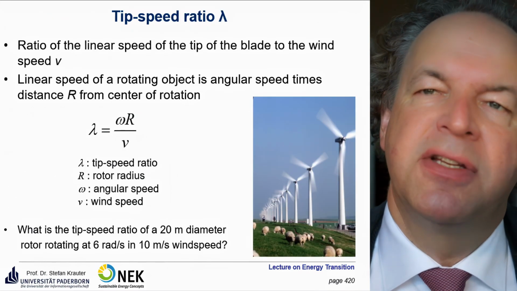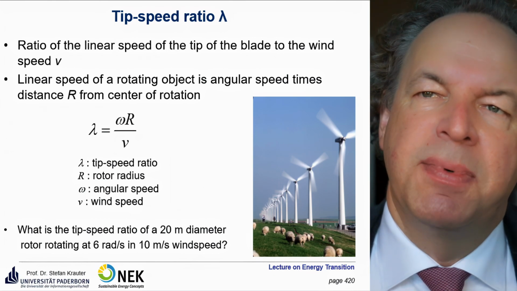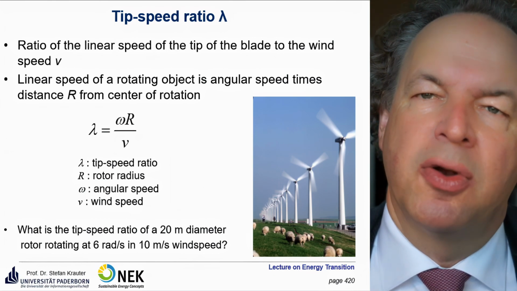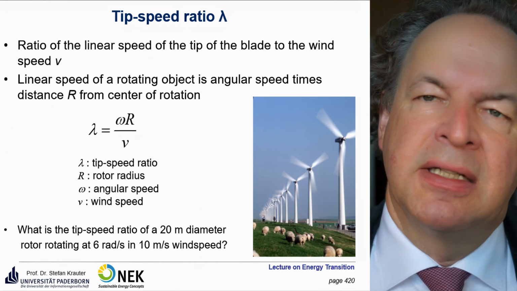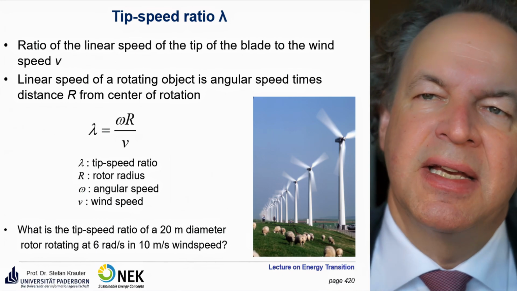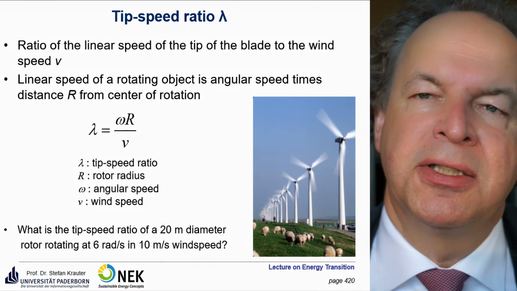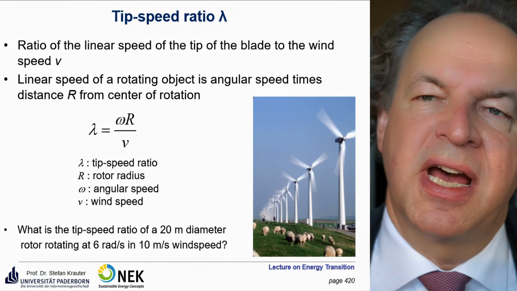The tip speed ratio lambda, this is a ratio of the linear speed on the tip of the blade to the actual wind speed. And the linear speed of a rotating object like the wind turbines is its angular speed times distance r, so the radius from the center of rotation.